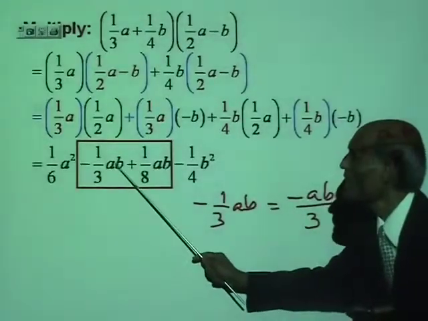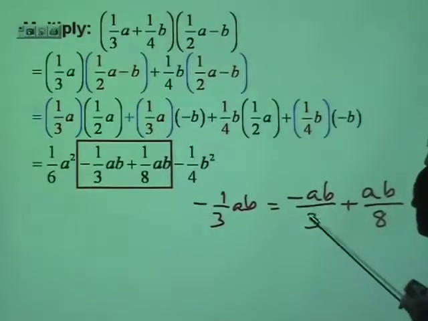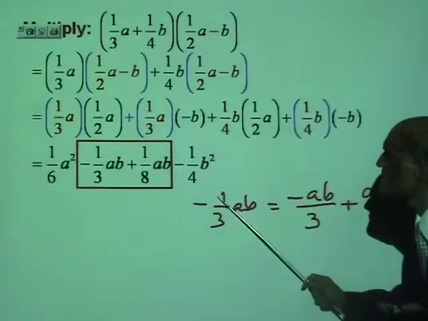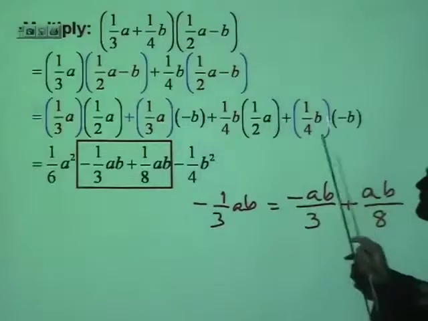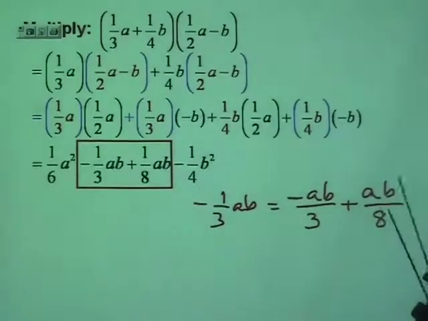Negative 1/3 ab is the same as negative ab over 3. ab times 1 is the numerator with the negative sign, and 3 on the denominator. And 1/8 ab is ab divided by 8. Alright, how do we add this? What is the common denominator for 3 and 8?